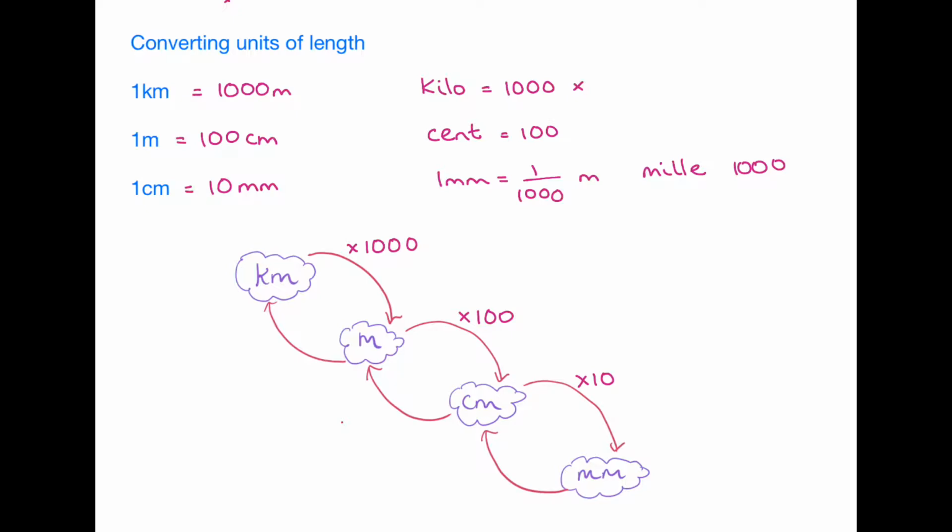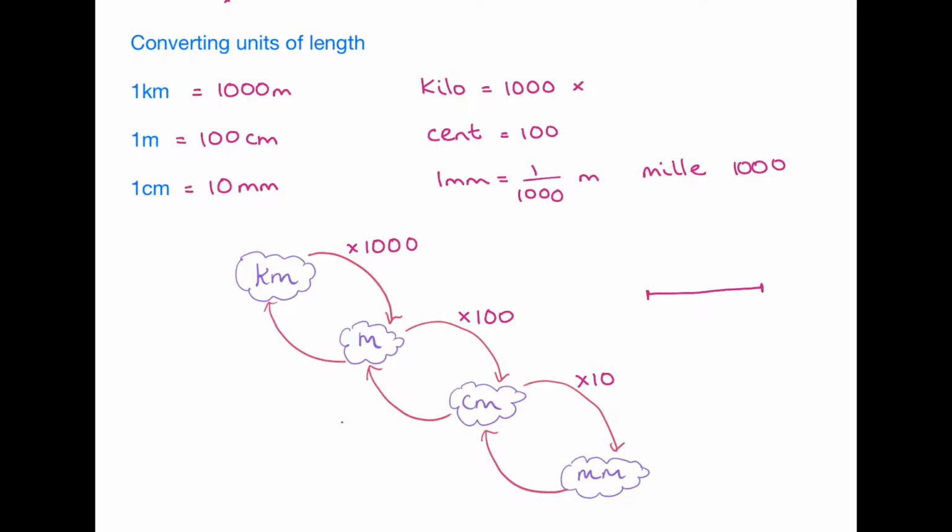Okay, so let's go the other way. If we had an amount of millimetres and wanted to change that into centimetres, remember whatever length you've got, so if you draw a line, if you know how many millimetres it is, and then you're going to work out how many centimetres it is, there would be fewer centimetres, wouldn't there?